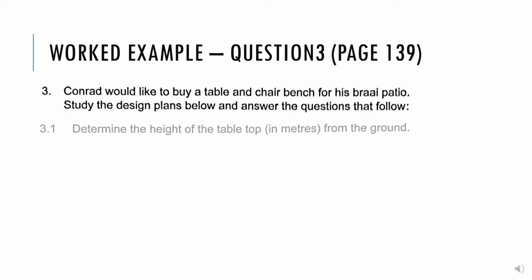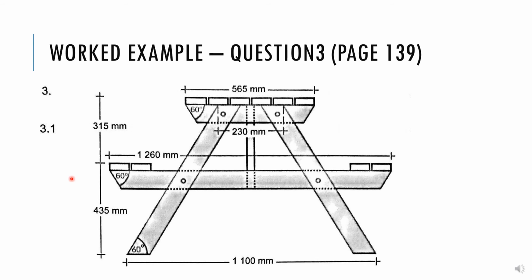So taking a look at the questions, determine the height of the tabletop in meters again from the ground. All right. So they want us to determine the height in meters. So you'll see that they give you these dimensions here. And from the ground to the bench, it's 435 millimeters. And remember, we need to convert this to meters.